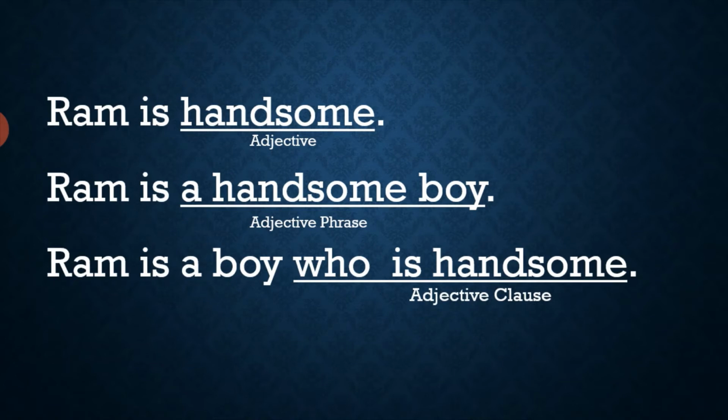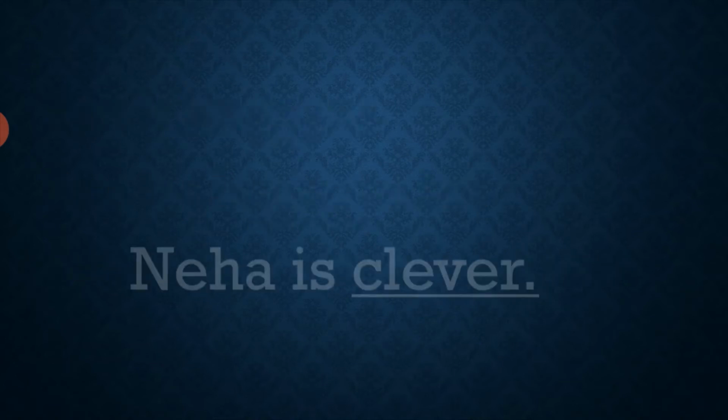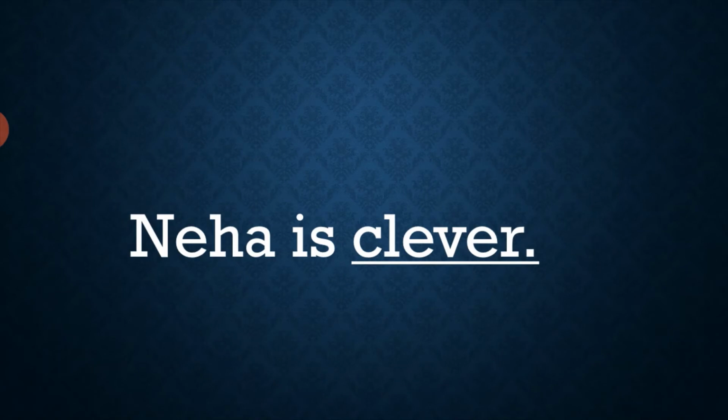Right? Let's have a few more examples. Neha is clever, right? So here what is the subject of the sentence? Neha, and what is the underlined word here? Adjective. Okay, try to understand, an adjective will be only one word; a phrase will be a group of words with no subject and no verb.